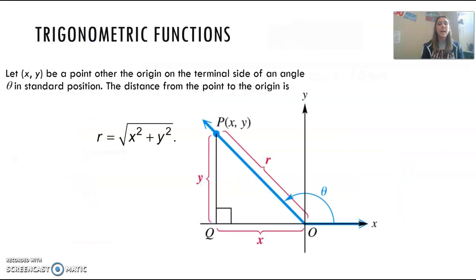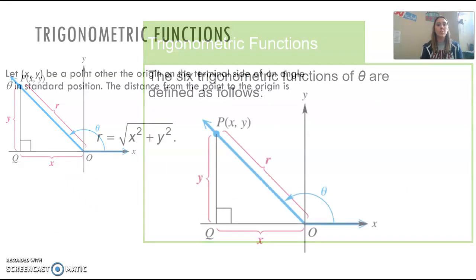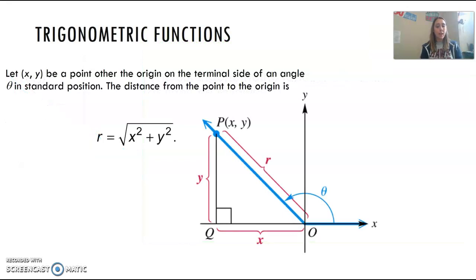Okay, now what I'd like you to do is get this in your notes. So we are going to let x and y be any point on the coordinate plane, other than the origin, on the terminal side of an angle theta in standard position.